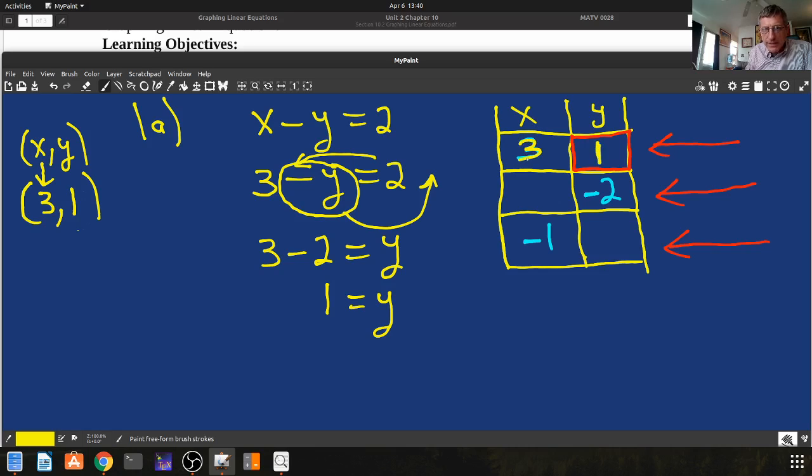So when x is 3, y is 1. So that translates to the ordered pair 3 and 1.